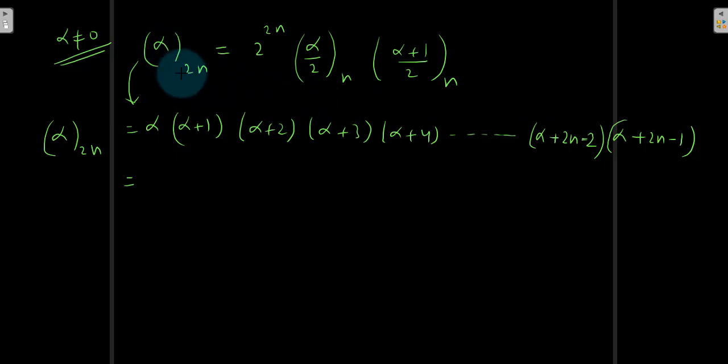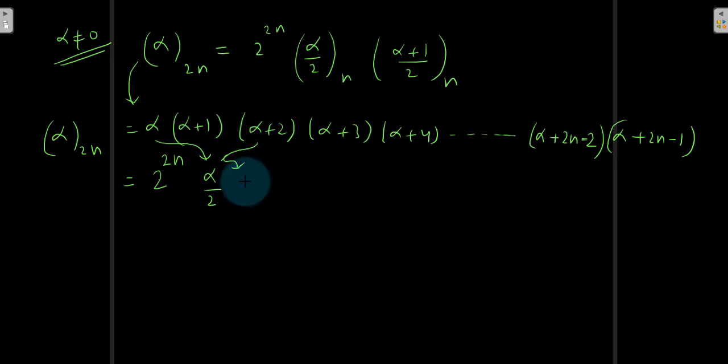In every factorial notation, if you are taking factorial 2n, there will be 2n brackets, or 2n terms there. So how many 2's will be there? There will be 2 to the power 2n, that will be multiplied and that will be divided, and if you divide, you will get alpha divided by 2 from the first term, and I'm skipping alternate terms.